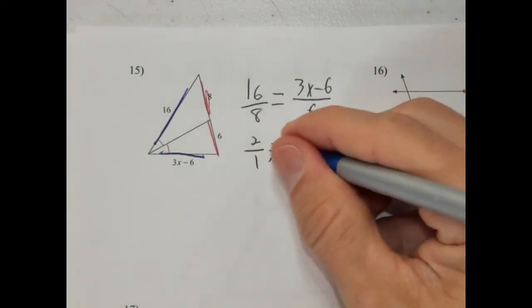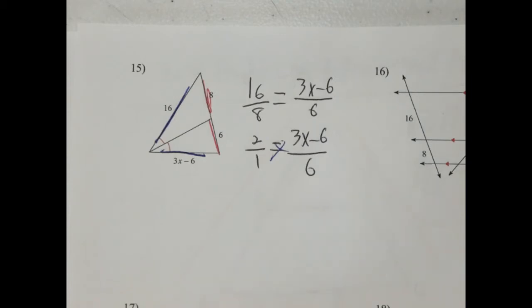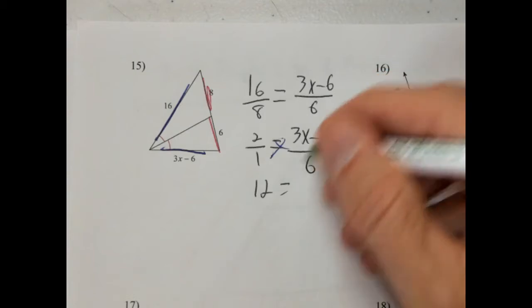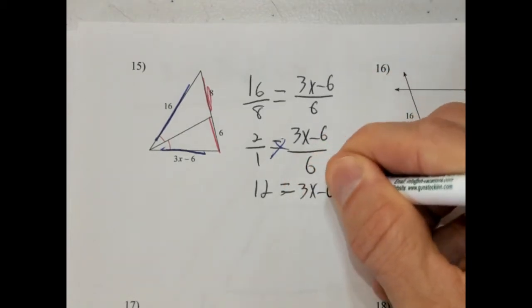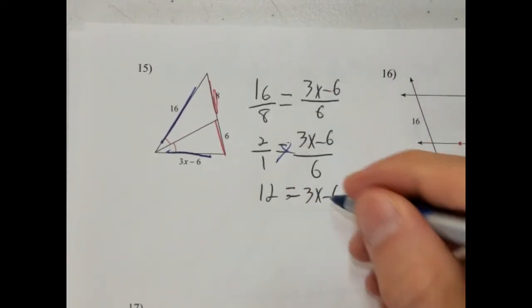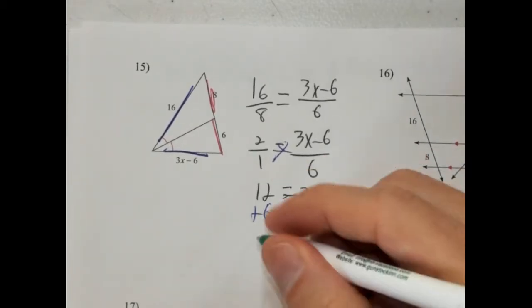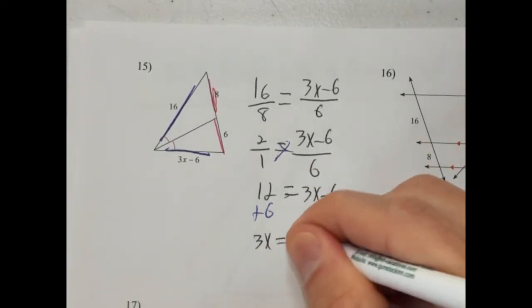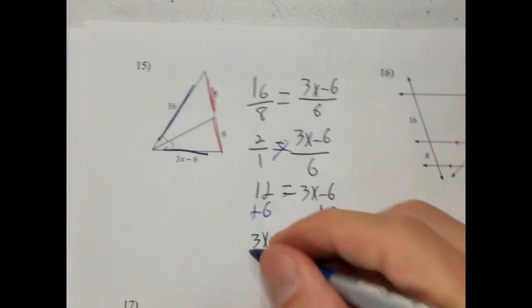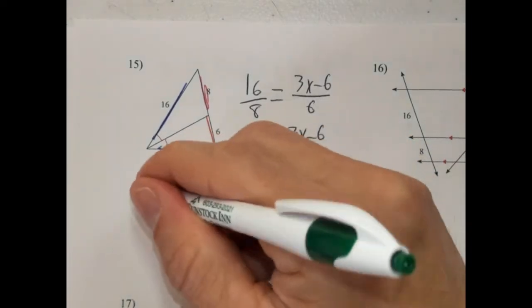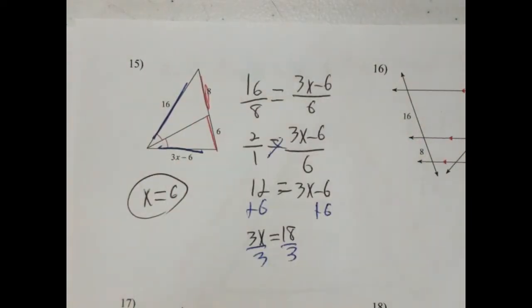Cross multiply. So 2 times 6 is 12. 1 times that is that. We're going to add 6 to both sides. So 3x equals 18. Divide by our coefficient, which is 3 in this case, and x should be equal to 6. Go and check that, make sure I did that right. I did do that right, sweet.